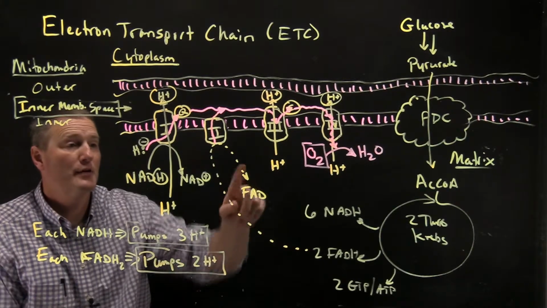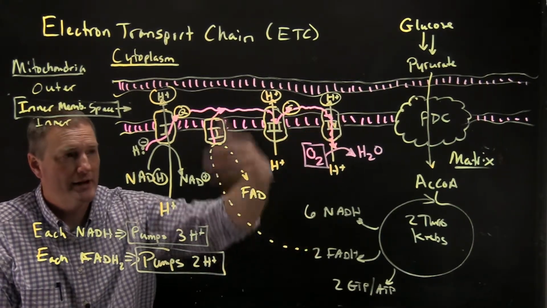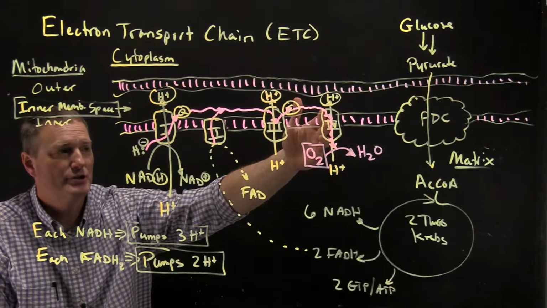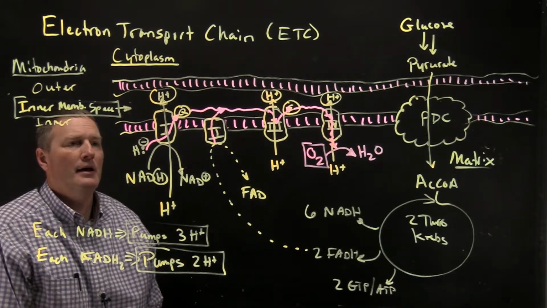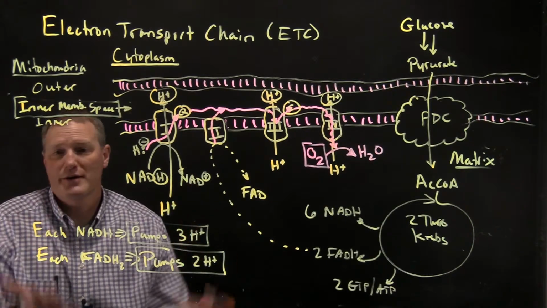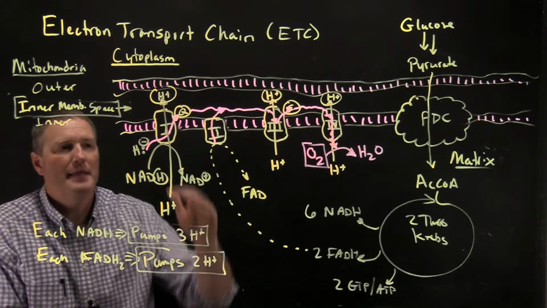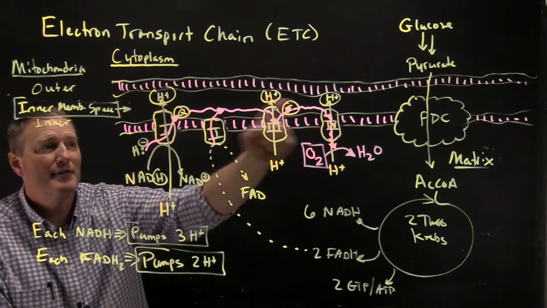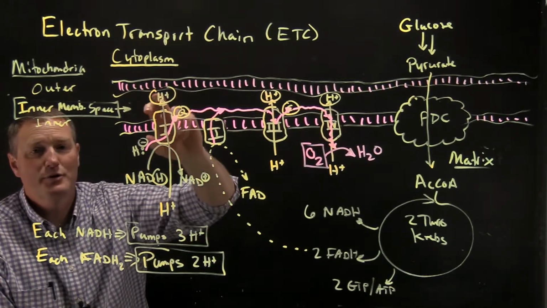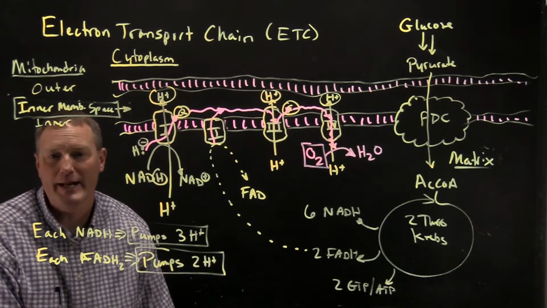Okay, but ultimately those electrons then flow through from FADH2 just like they did with NADH, and they're going to convert oxygen into water. So this is what's called the electron transport chain. A major byproduct of these electrons flowing through is the creation of these pumped protons, and we call this now a proton gradient.